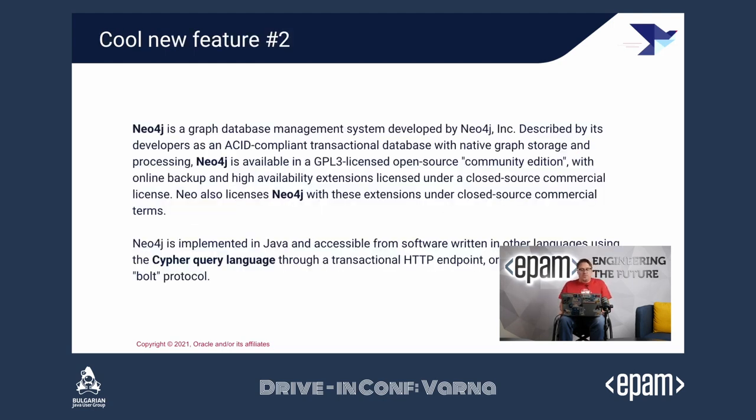Another cool feature that is really awesome is the Neo4j integration. You know that Neo4j is a graph database management system, which is the de facto standard of graph databases themselves. Whenever you want to make a graph database, you can be 100% sure that it will be Neo4j. We have a lot of clients that use microservices for fraud detection, and they use graph databases inside. That's why we decided to make a native integration to this wonderful database.